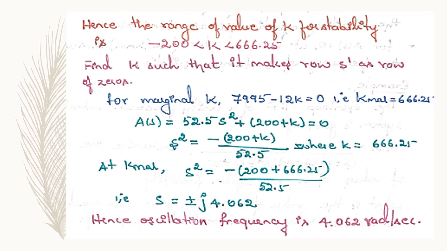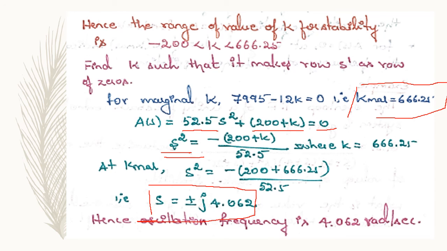So for the marginal k value 666.25, I can find the auxiliary equation, that is 52.5 s square plus 200 plus k is equal to 0. If I solve for s square, I get s equal to plus or minus j 4.062.